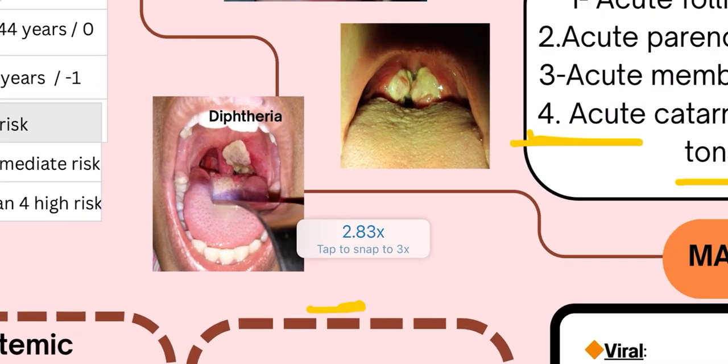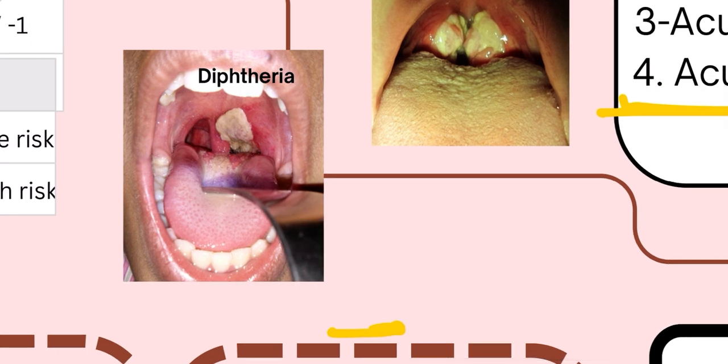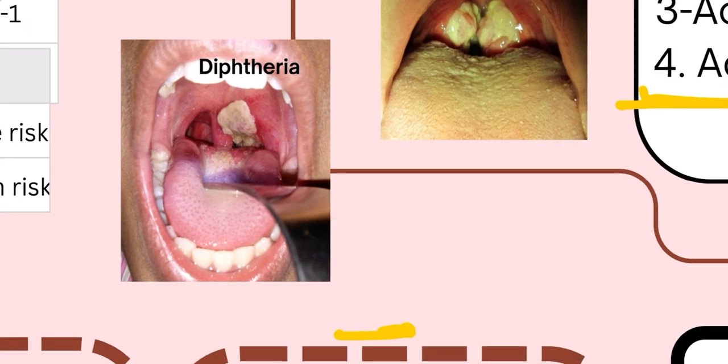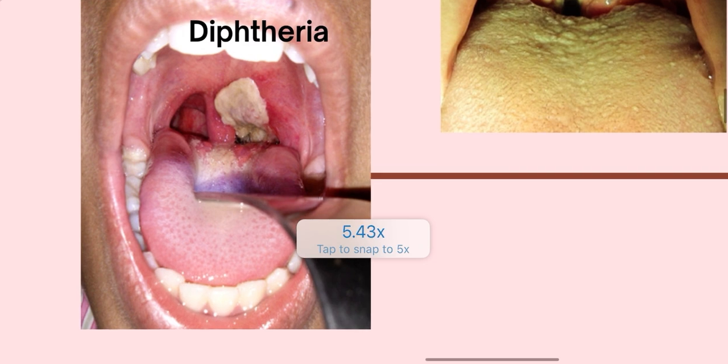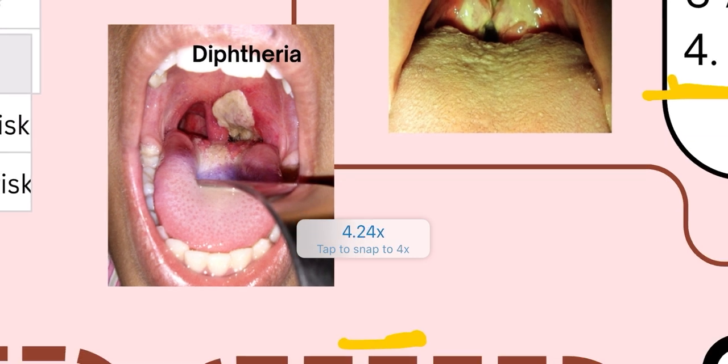Okay. Here is an important picture to be mentioned. There is a whitish membrane attached to the left tonsil and extending to the roof of the palate, or the roof of the mouth. We call this diphtheria, which is a type of pharyngitis caused by a specific bacterium called Corynebacterium diphtheriae. This leads to a whitish or grayish membrane attached to the pharynx, sometimes to the tonsil.